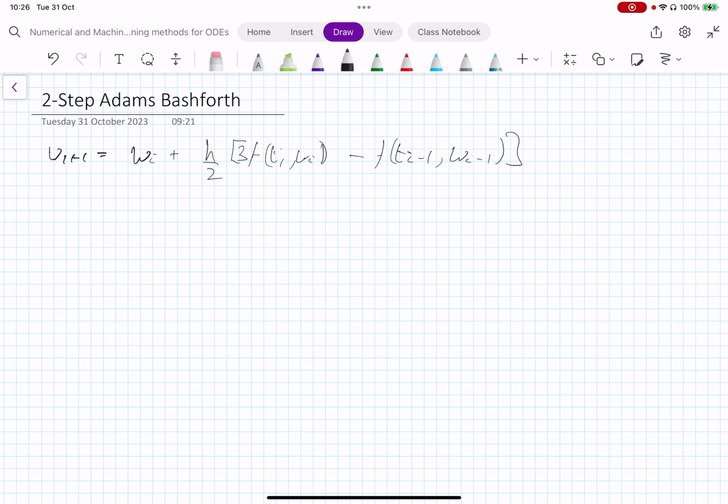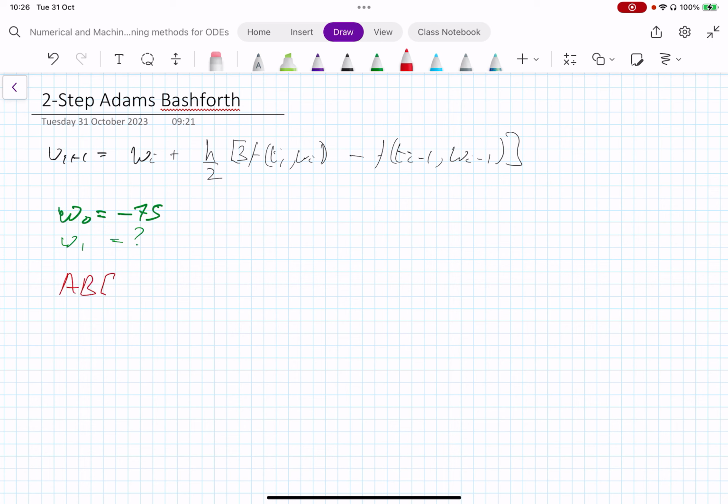So we need two steps. In all the previous steps, we always knew what w0 was, equal to minus 75, the initial condition. So we needed w1, and you can take that from the Heun or the others, and we'll come back to that in a second.